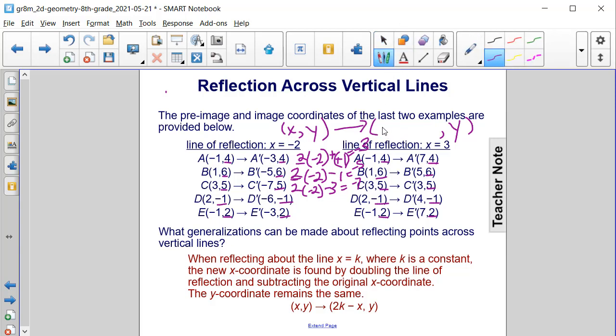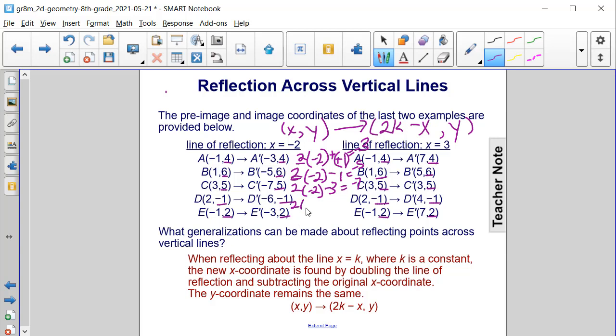So if we were to say that k represents our line of reflection, and we double the line of reflection and then subtract the corresponding x-coordinate, we do end up getting the new x-coordinate, and we'll again verify it here.